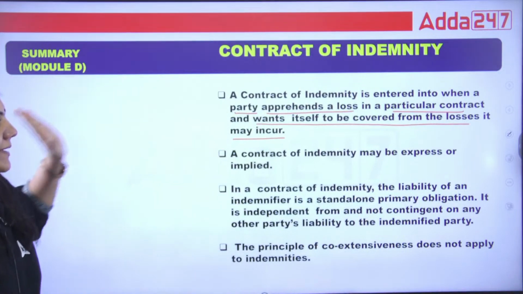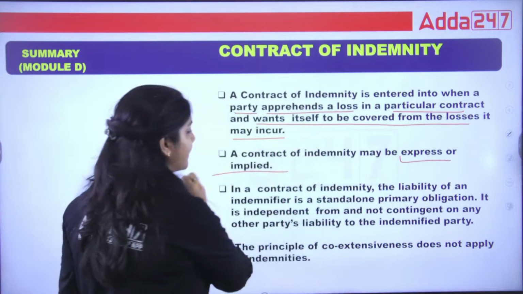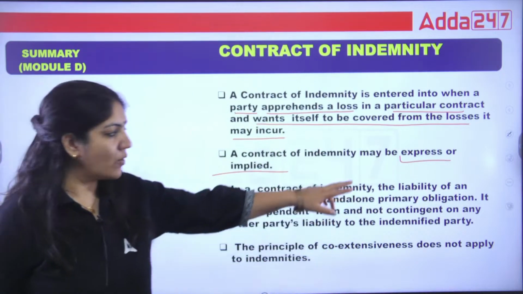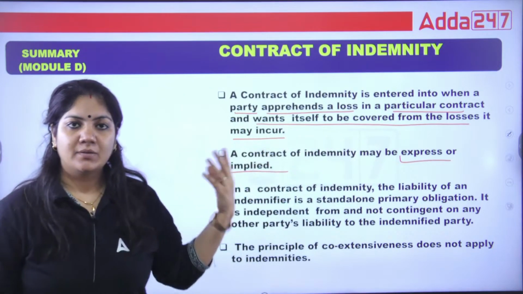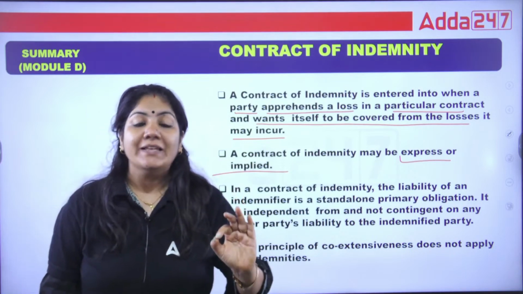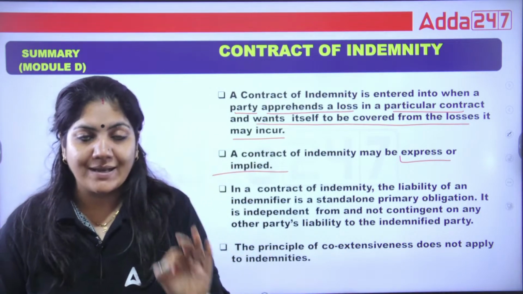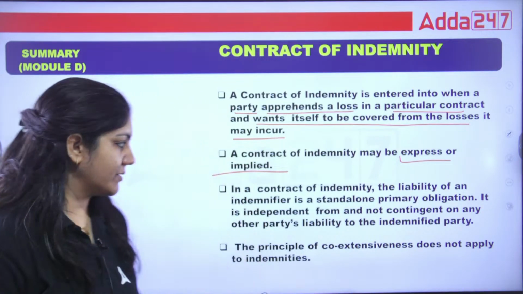This is called a contract of indemnity. The contract of indemnity may be express or implied. What is express? Written and oral, and implied means by way of act and conduct. Is that okay? And if you feel any doubt in any line, in any word, please ask in the comment box. This is very important.